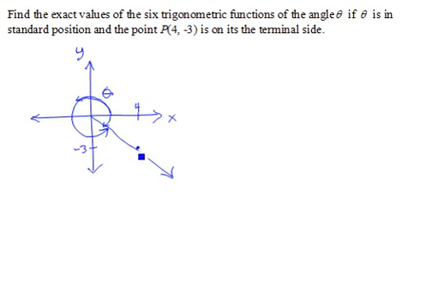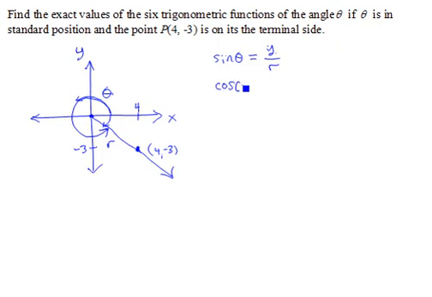All that we need to know is that this point, (4, -3), is on the terminal side of the angle, and that by definition the sine of the angle theta, whether it opens in the positive direction or the negative direction, is just equal to y divided by r, where y is the y-coordinate of a point on the terminal side of the angle, and r is the radius from the origin to the point that we've been given.